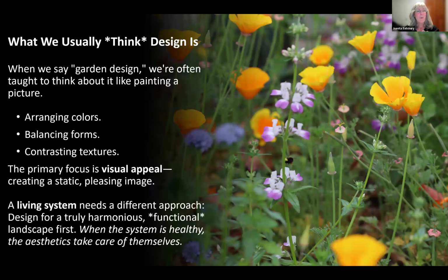If you design for a truly harmonious, functional landscape first, and then when your system is healthy, what happens is that the aesthetics take care of themselves. So I always like to think about this approach as flipping design on its head. Instead of thinking about how it's going to look first, think first about how it functions. And when it functions well, it will be beautiful.